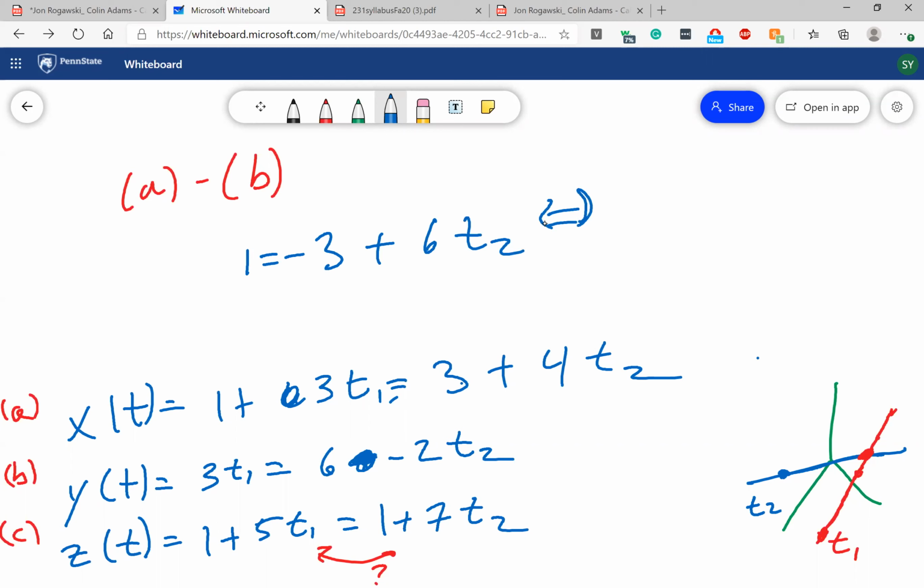This implies we can move the negative 3 to the other side to get 4, and divide by 6. So t2 is equal to 4 over 6, which is 2 over 3.